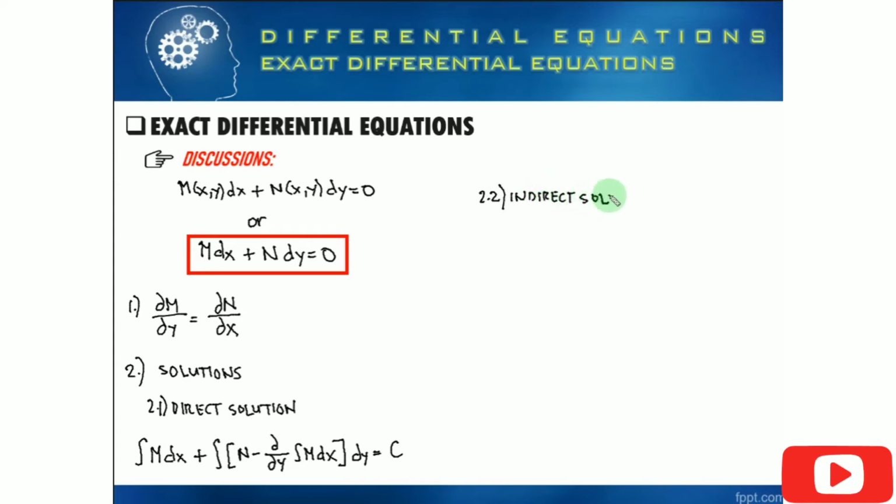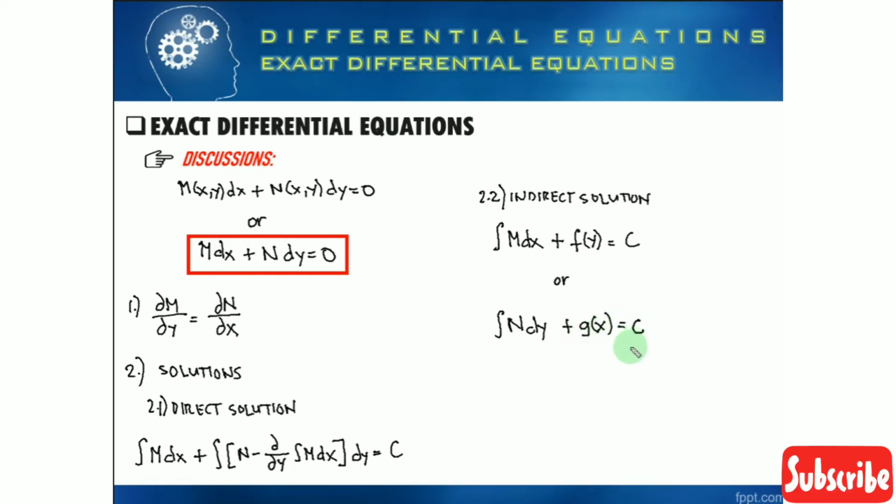So actually we have two here. Number one is you may consider this integral of M dx plus a function of your y variable is equal now to a constant, or you may opt to use also this integral of N dy plus a function of your x, equal now to a constant.